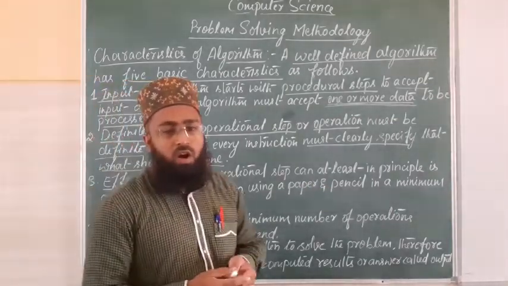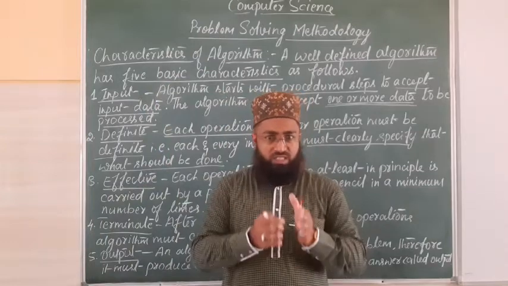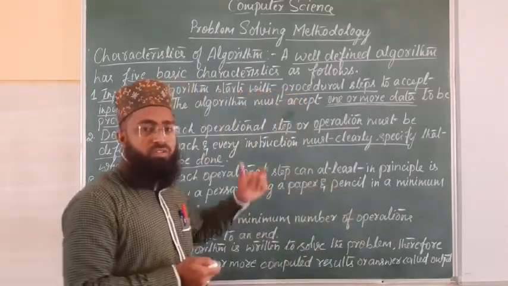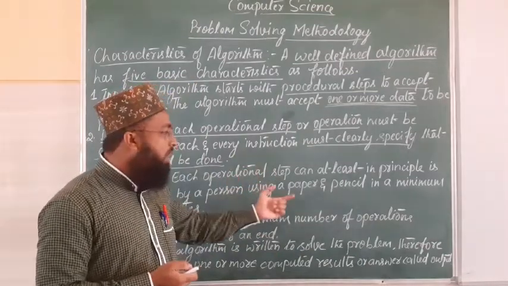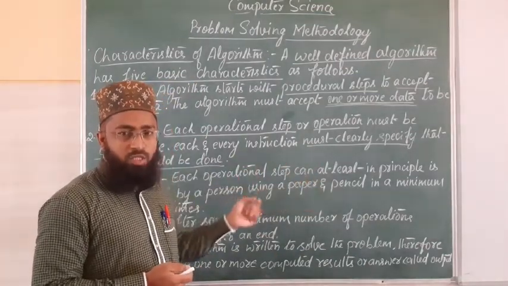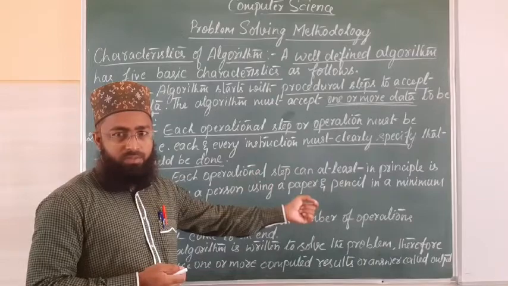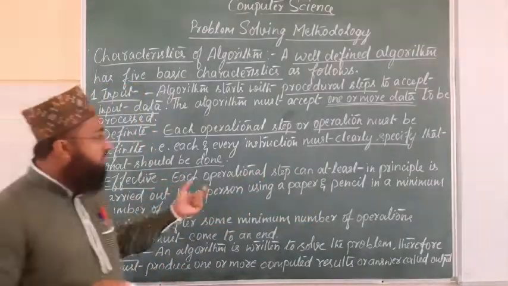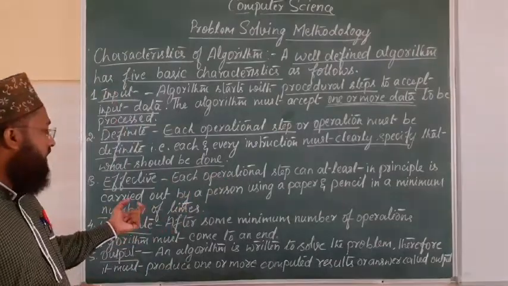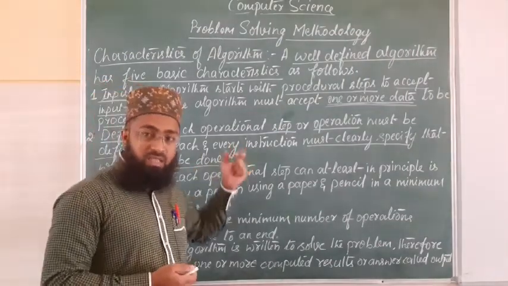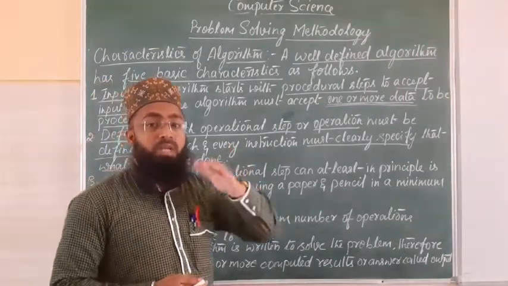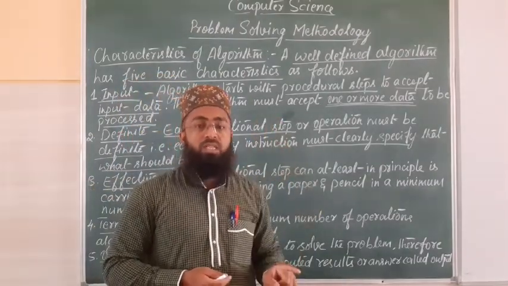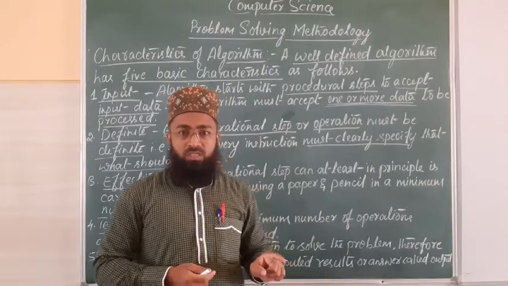Effective means the algorithm should be such that a person who writes an algorithm using pen and paper should be able to solve it and end that algorithm in minimum steps, not going through too many lengthy steps. That's the meaning here.